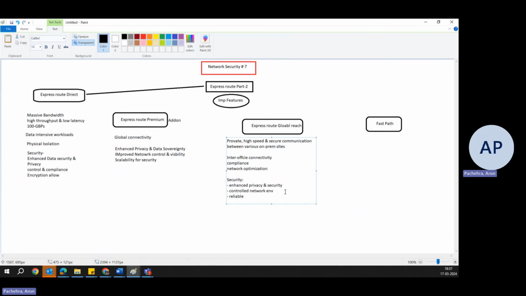How come? Because the built-in redundancy of ExpressRoute circuits coupled with Global Reach provides a highly reliable network connection between sites. This reliability is critical for maintaining secure communications, especially for mission critical applications that cannot afford downtime or data loss. So these are some great security aspects of Global Reach.